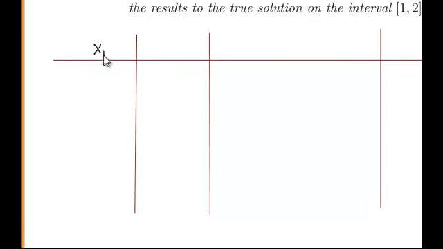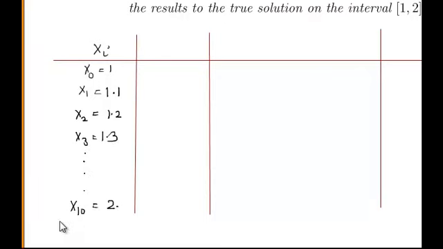So x naught is 1, x1 is 1 plus 0.1, which is nothing but 1.1, right? x2 is 1.2, x3 is 1.3, and we will go till x10, which is 2.